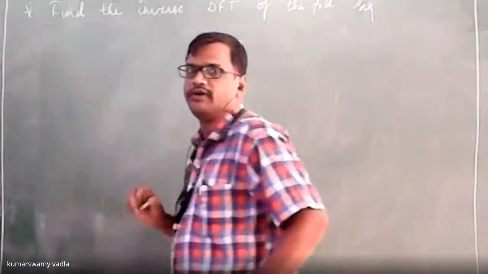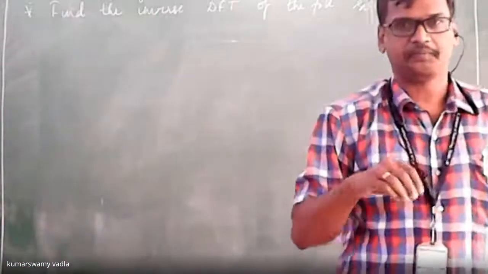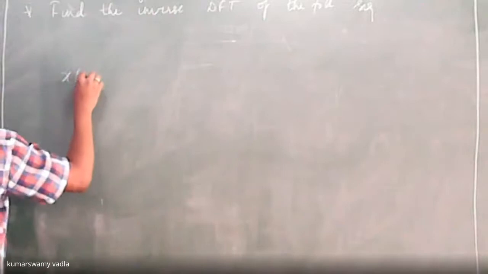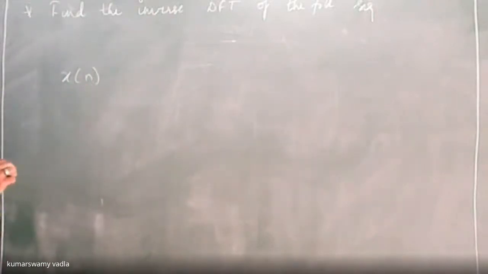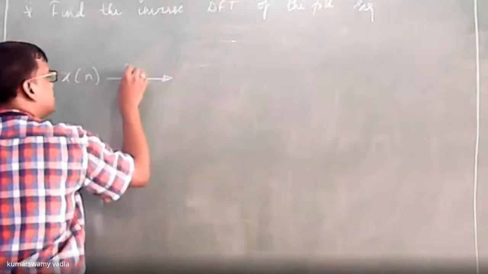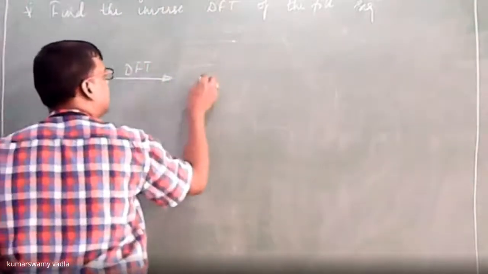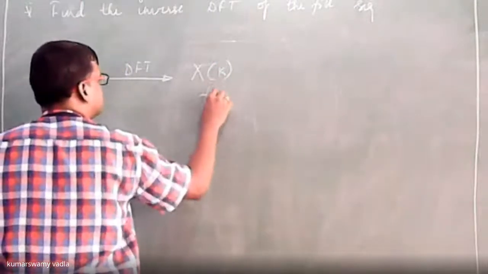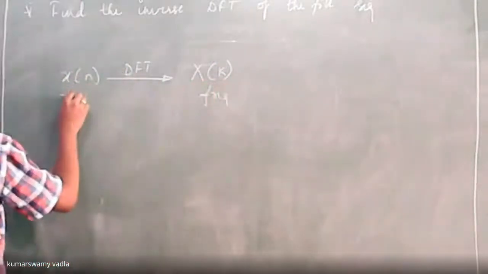Now, when I say inverse DFT, first and foremost, what do you mean by x of n? x of n is a sequence. When you apply DFT to it, you get X of k, which is in the frequency domain, and this is in the time domain.